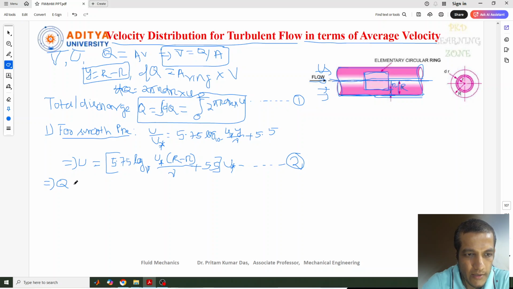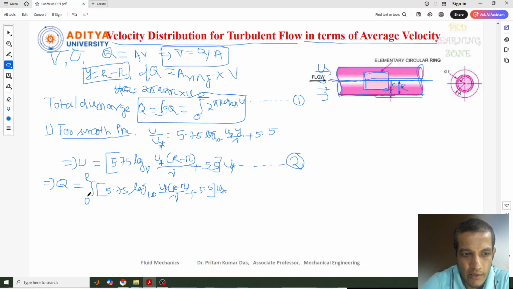We will get Q equal to the integration from 0 to R of a square bracket, 5.75 log 10 of u star times R minus r divided by nu, plus 5.5, and this u star is there again.